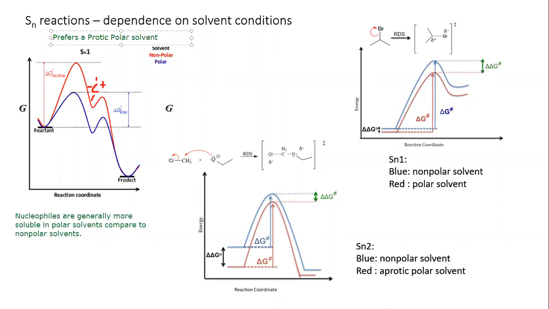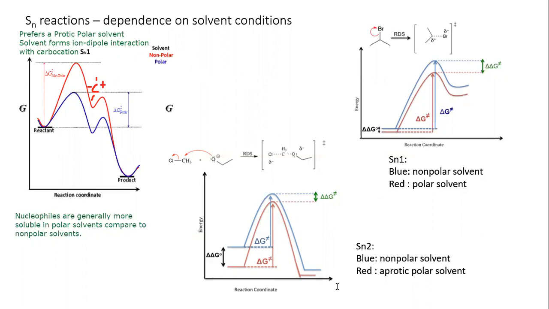And that's because with protic polar solvents, the solvent forms an ion-dipole interaction with the carbocation. So when you use a protic polar solvent, it stabilizes the carbocation so that then the nucleophile can attack in the second step. So with SN1 reactions, again, we prefer protic polar solvents.